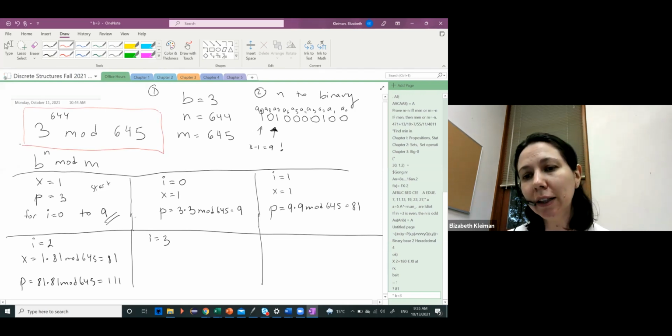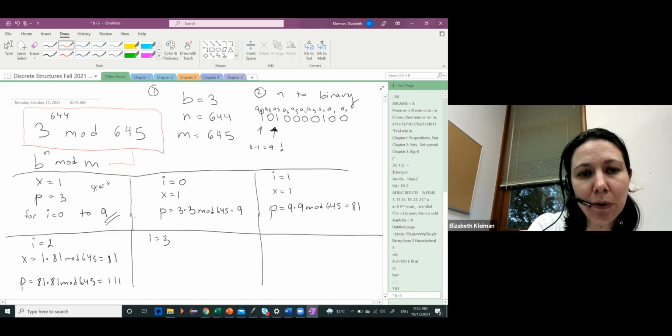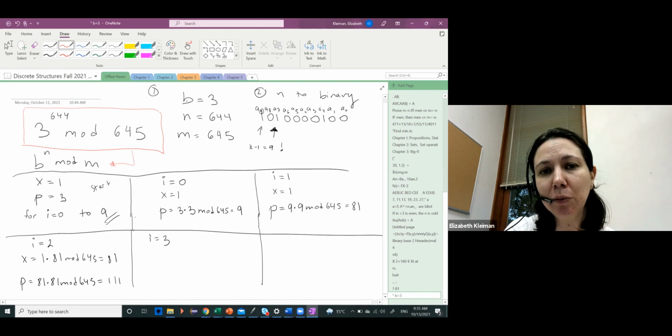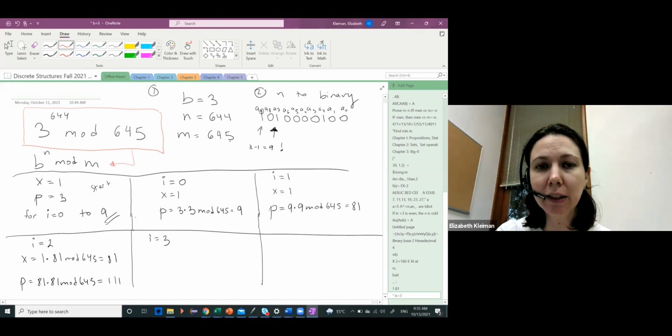Look at what the algorithm computes. Your algorithm 5, from the homework, is supposed to be computing this. From it, you can determine that your b is 3, your n is 644, and your m is 645, for example. This is an exercise I have in the textbook.